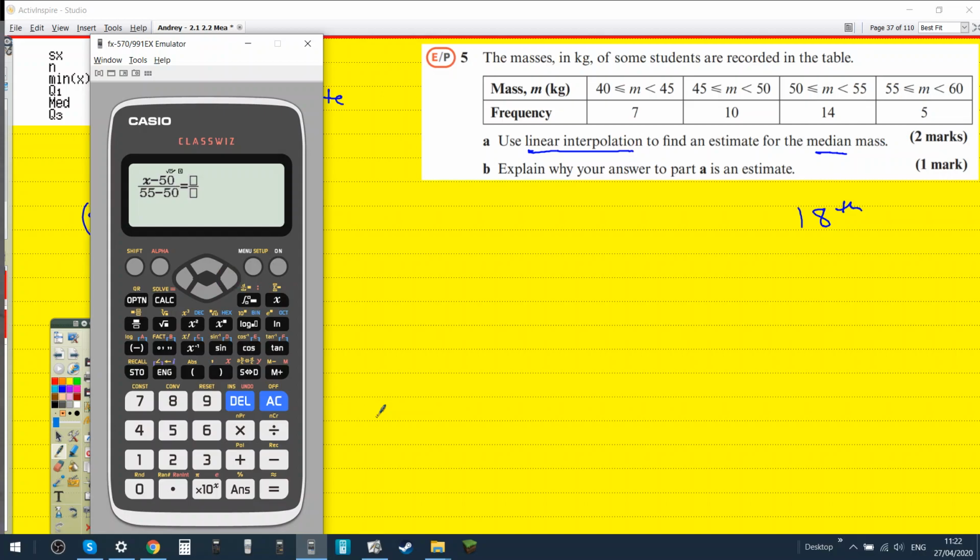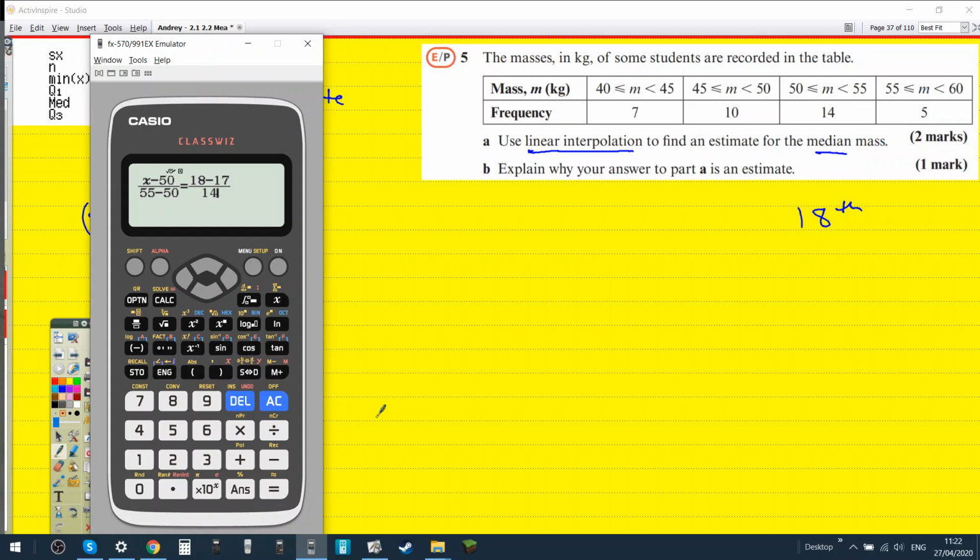And then here, position, do I need to just put 30, oh no, 18, minus... I have to do the cumulative frequency thing now, don't I? Yeah, but just up to that point. So will it just be 17? Yeah, over 14.